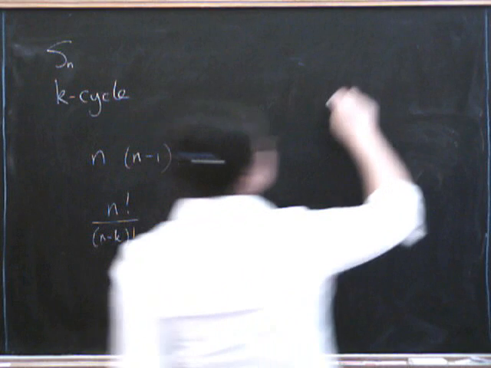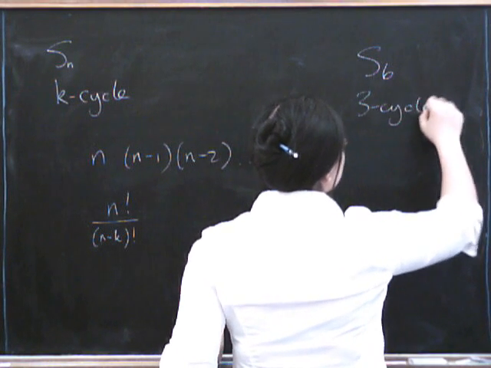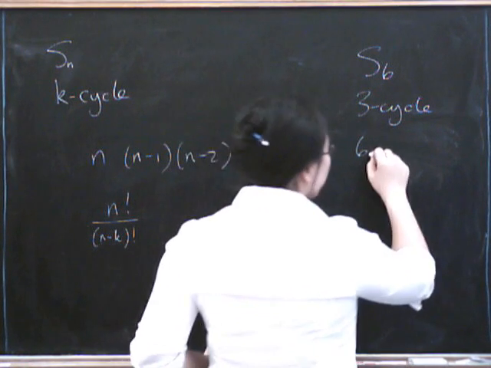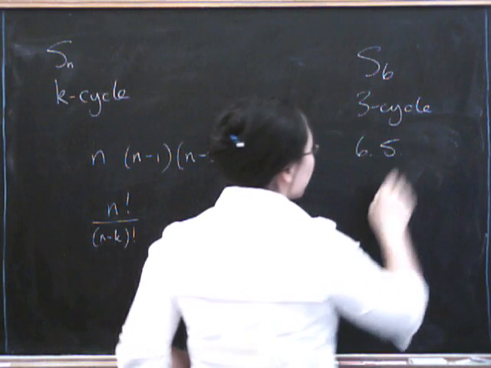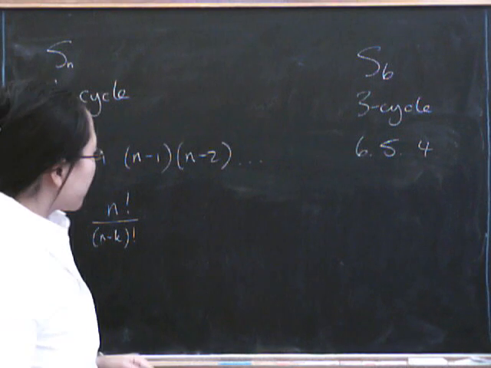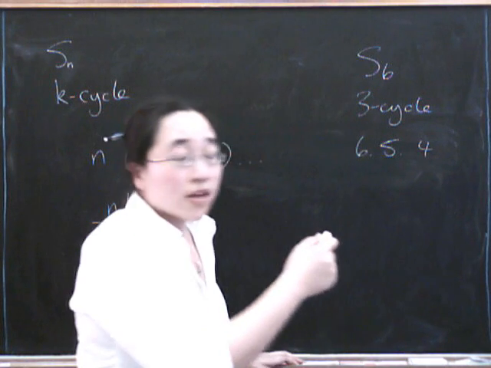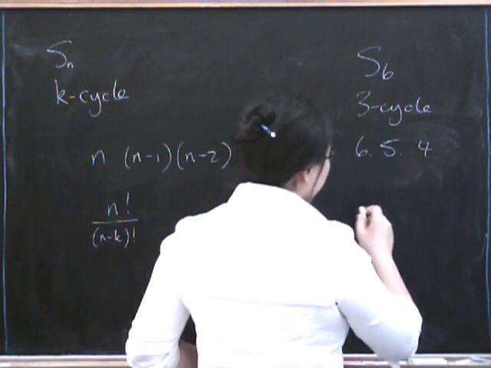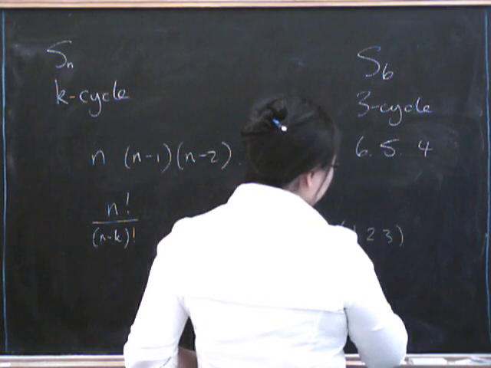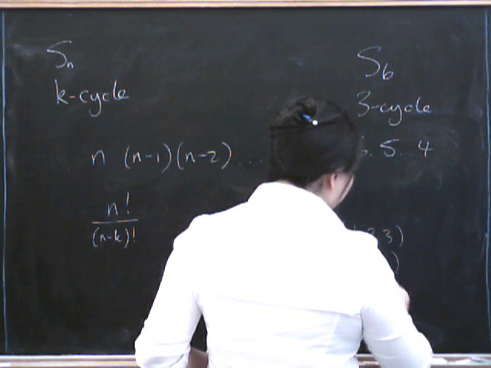Because, for example, if you were doing S6 and you're doing a 3 cycle, then you've got a choice of 6 elements for the first number, a choice of 5 elements for the second number, and a choice of 4 elements for the third number. Now, the thing is that we've now overcounted, because if you're a 3 cycle, then you can write your 3 cycle down in lots of different ways. Because (1 2 3) is the same as (2 3 1), which is the same as (3 1 2).